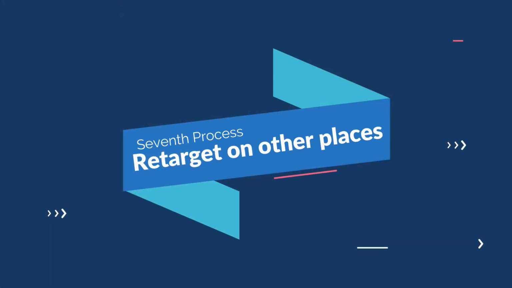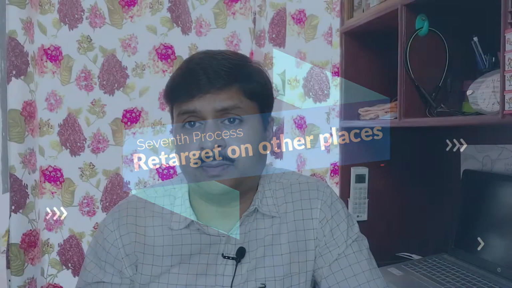So the seventh thing is a bit out of the topic, but still I'll tell you that Facebook retargeting is not the end of the story. You can also reach out to customers and create custom audiences for applying on other platforms too. It's not obvious that a person who opts out of Facebook tracking also opts out of YouTube tracking.